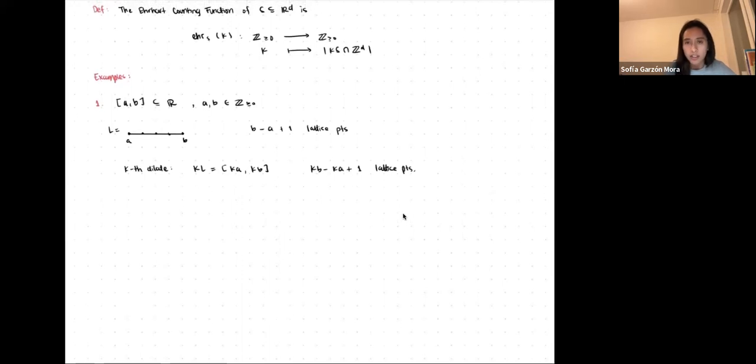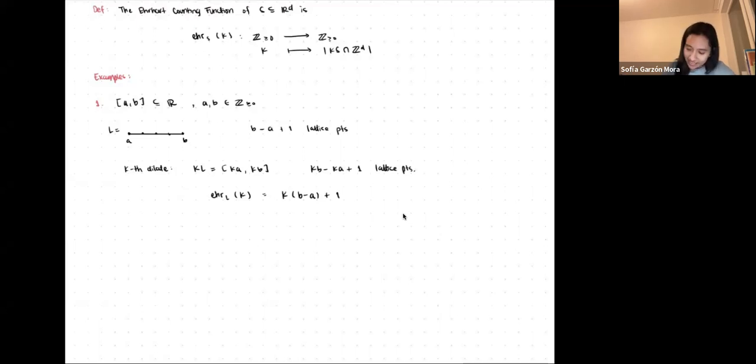What is our Ehrhart counting function? Can you give me an explicit form of the Ehrhart counting function of this interval L that depends on k? Well, this is just what I've written, right? So this is k times (b minus a), where I can factor this out, plus 1. Great.